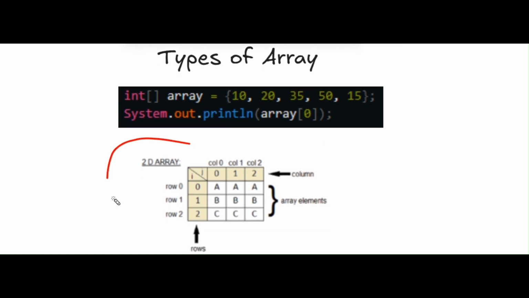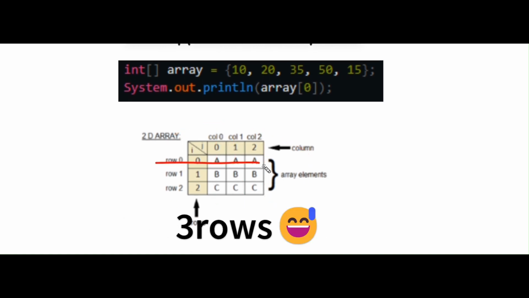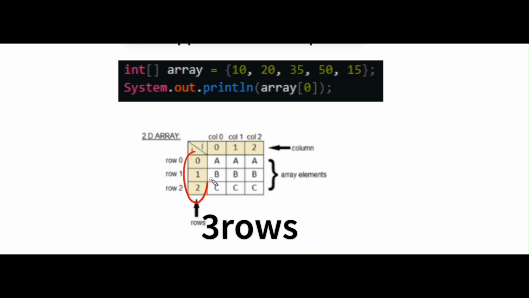So this is a two-dimensional array with 3 columns and 2 rows, which have unique indexes. If you want to access this B, it is present in the first row and the first column of the matrix.